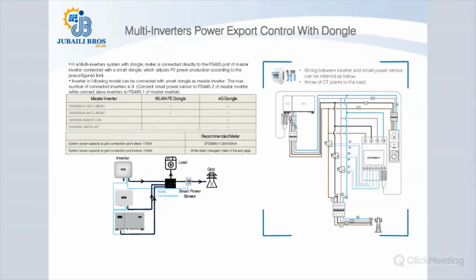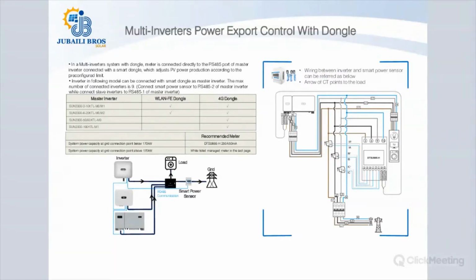The recommended meter, which is the DTSU 666H for the three-phase scenarios, has a maximum current range of 250 amps for the primary current and 50 milliamps for the secondary current.